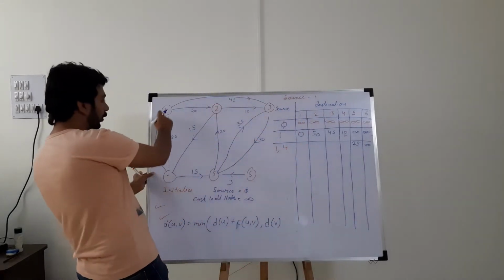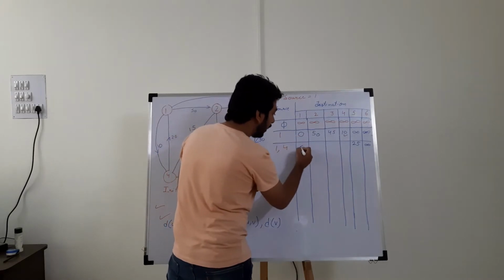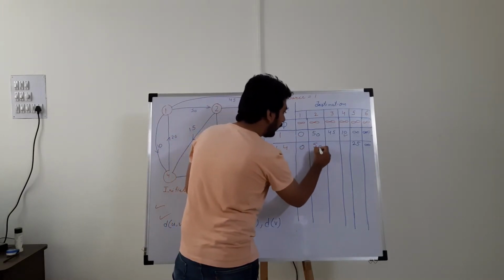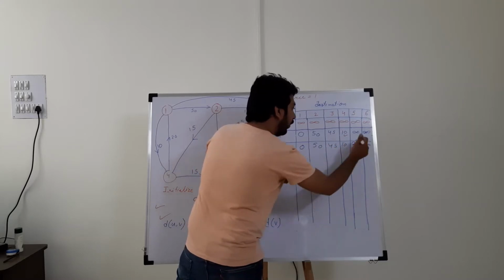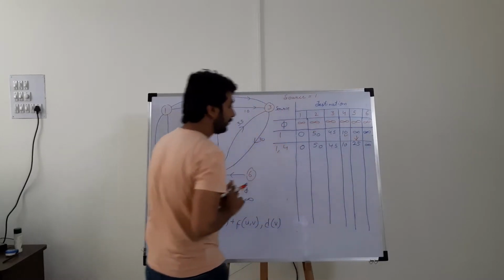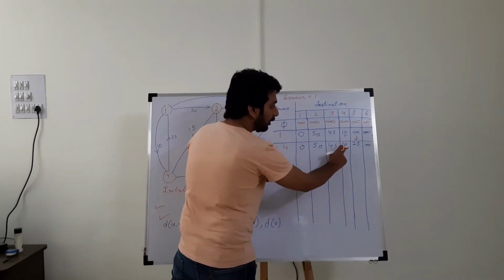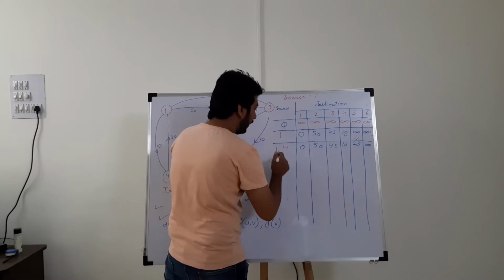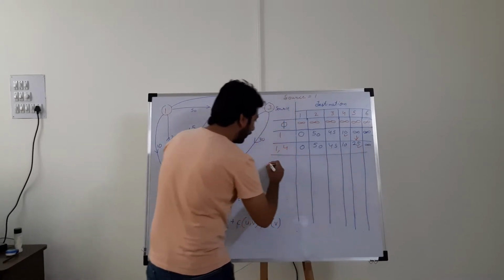Now 4 is also connected with 1, cost is 30. 30 is much larger than 0, so it remains the same. 50, 45, 10. Now this is changed. Now here, after taking 4 into consideration, minimum cost destination is 5. So we will take now 5 into consideration.